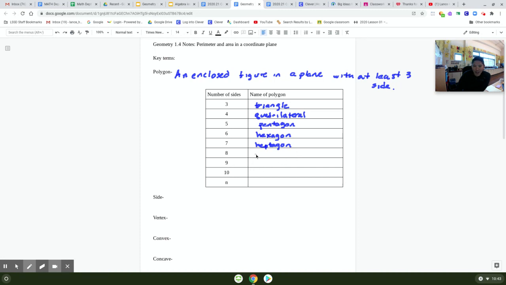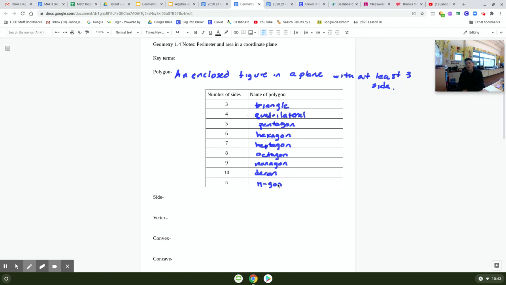A polygon with eight sides is an octagon. Nine sides, nonagon. And then ten sides is decagon. If a polygon has an unknown number of sides, n, then it's just referred to as an n-gon.